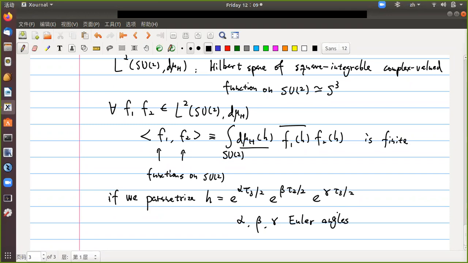You can see that this h is just a composition of a rotation around the z-axis, then a rotation around the y-axis, and then a rotation around the z-axis again, which is exactly the Euler rotation. We can make this parameterization for any group element of SU2.